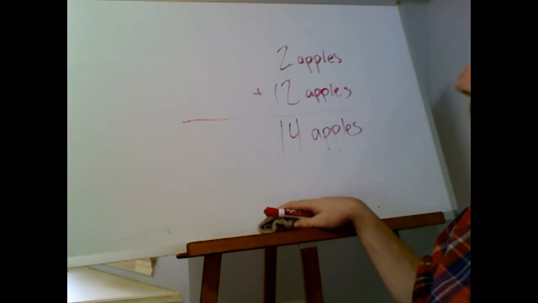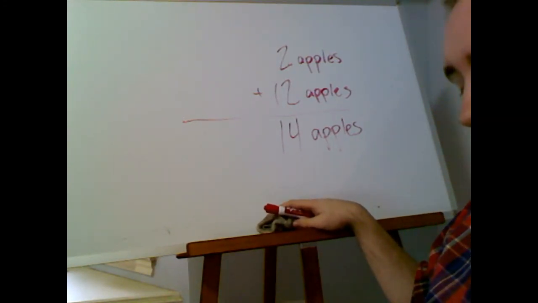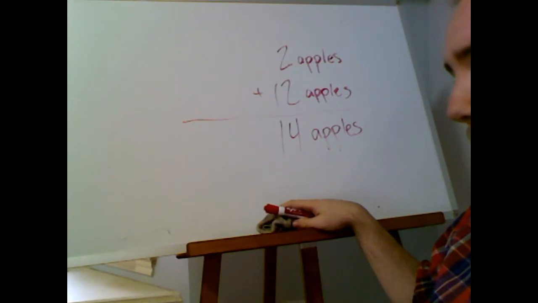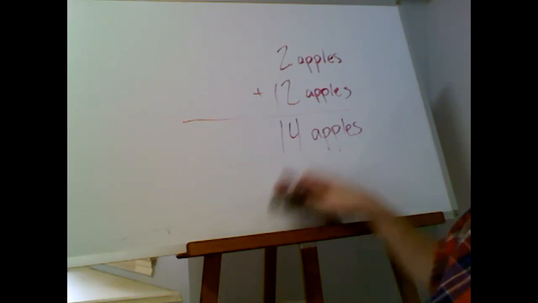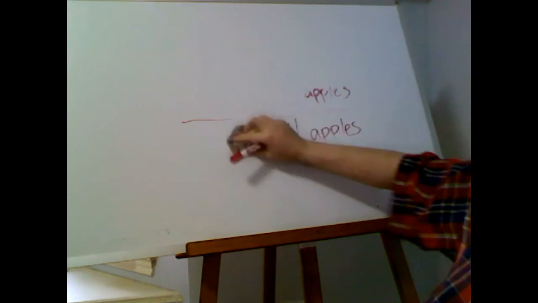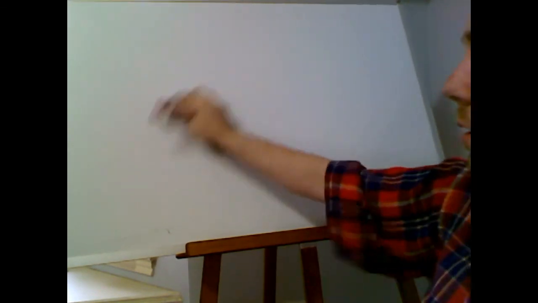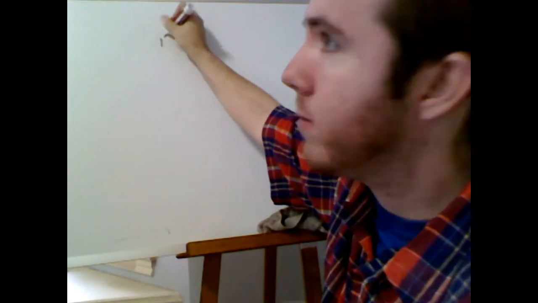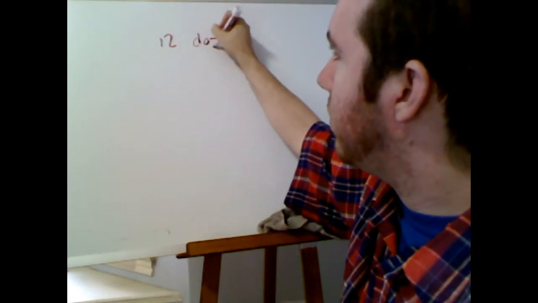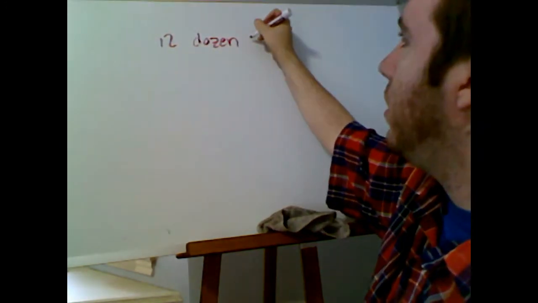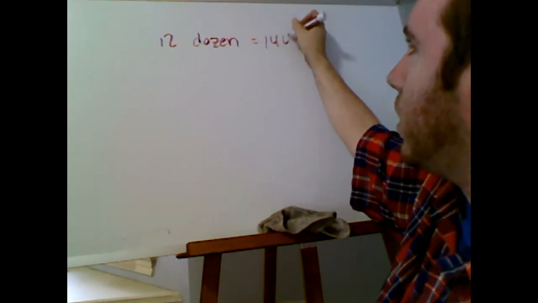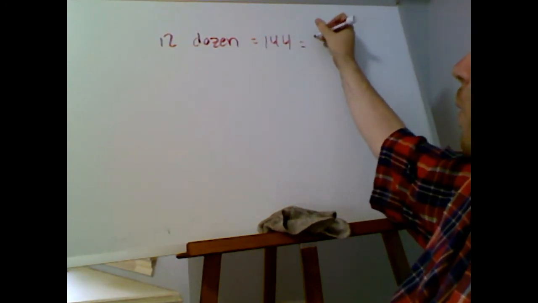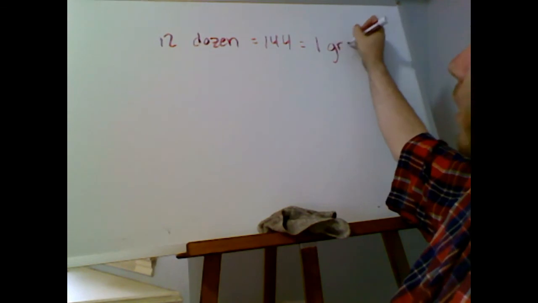All right. Now, 12 dozen, that's 12 groups of 12, equals 144. 12 dozen, which equals 144, is also what we call 1 gross.